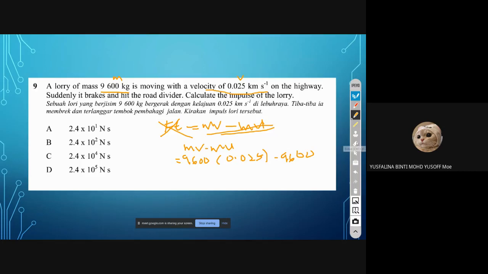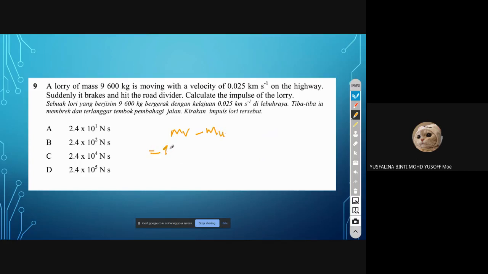Wait, I erase it first. I didn't notice it. Okay, mv minus mu, sorry. And then M is 9,600, the V is 0, and U is 0.025. Because it said suddenly it brakes, it means it will stop, so V is 0.